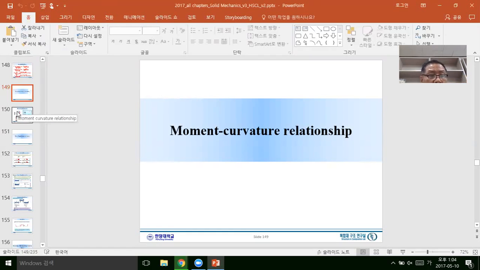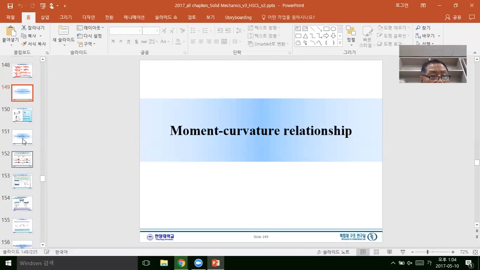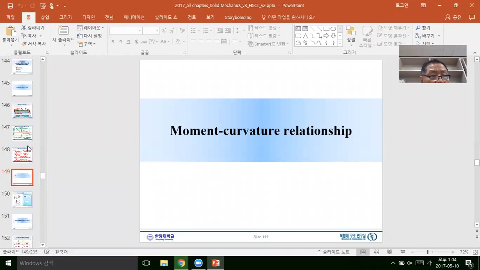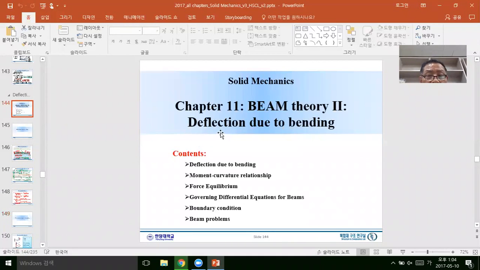Okay, we are now working on beam theory. And as announced last time, chapters 11 and 12 have been rearranged. So we have two parts. One is the beam theory, deflection due to bending.